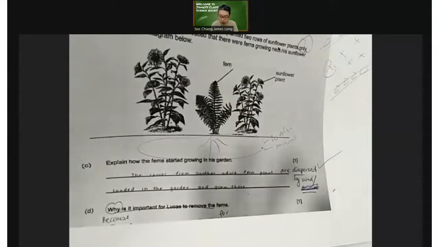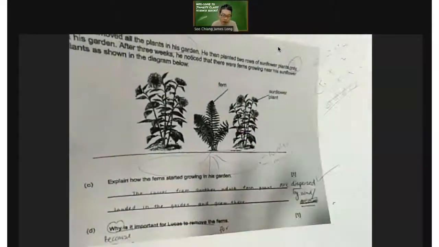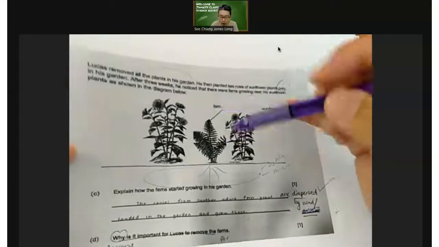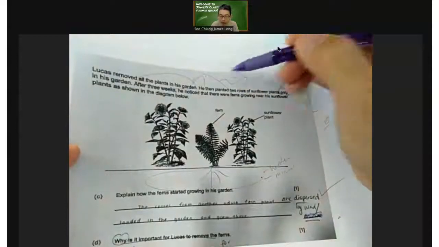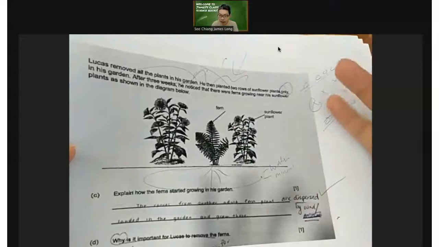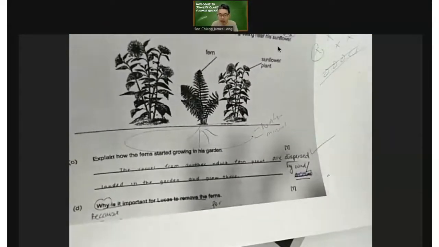And if it was 1 mark, I think that's sufficient. With 2 marks, I won't talk about it further because the fern is not taller than the sunflower plant. So it shouldn't block light and cause these 2 plants not to have light. So there's no competition for light here, but there's definitely competition for water and minerals.